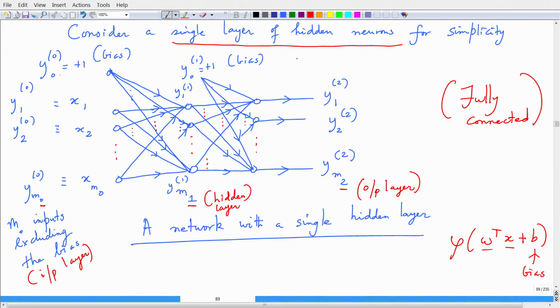we have to introduce this in the input layer as well as in the hidden layer, and we will call this y0 of 0 and here it is y 0 of 1. Again this 1 within this brace indicates layer.